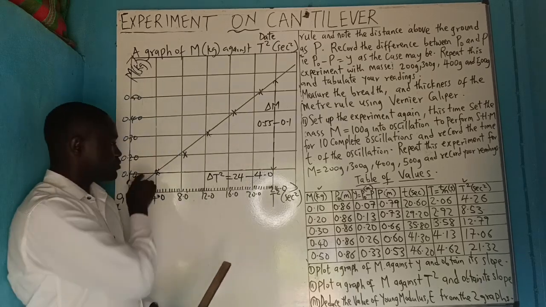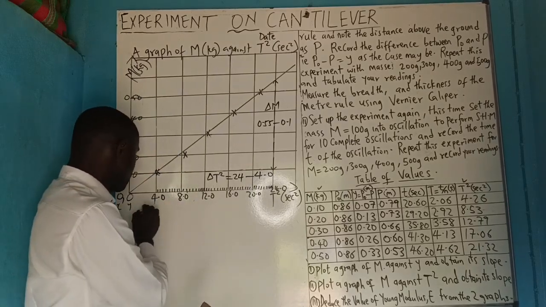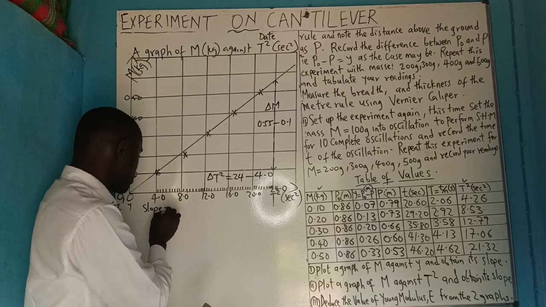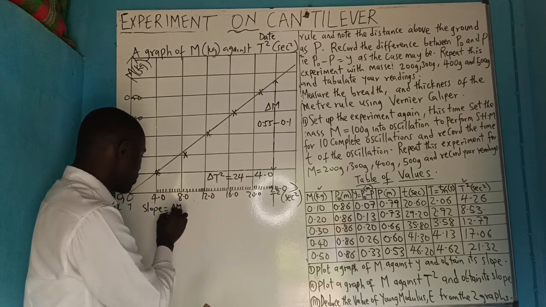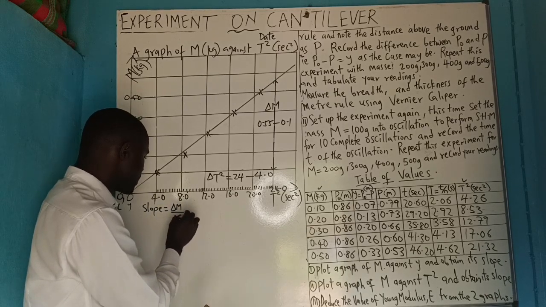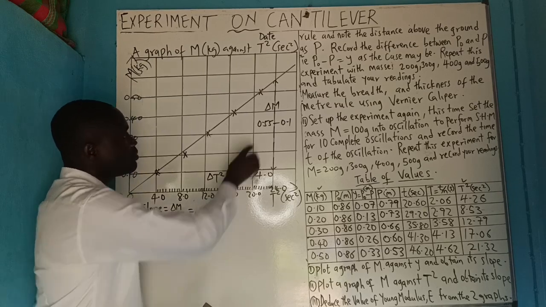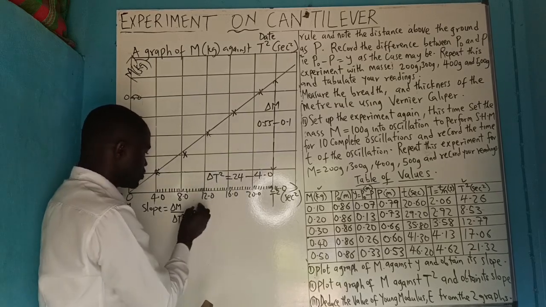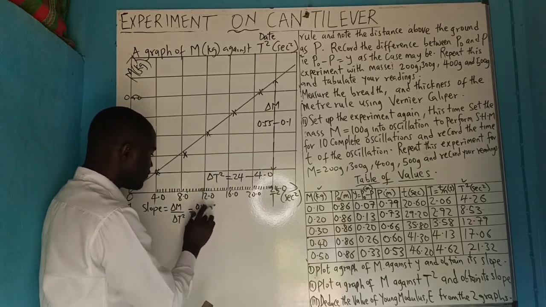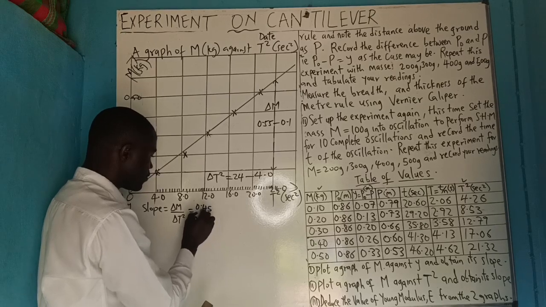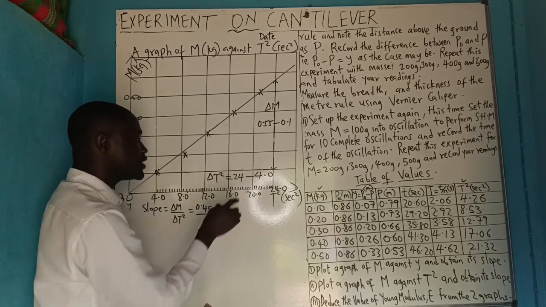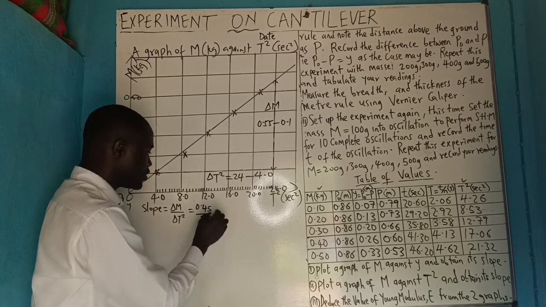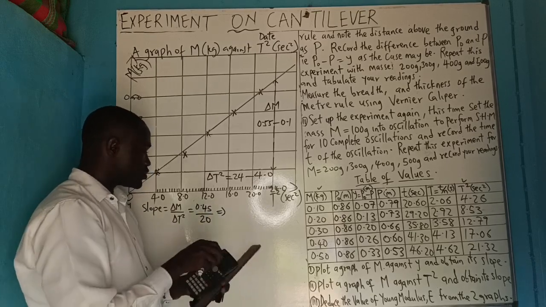So we say slope equals to change in m over change in t squared. What is change in m? This minus this, 0.45, all over this minus this, which is 20. What will it be giving us?